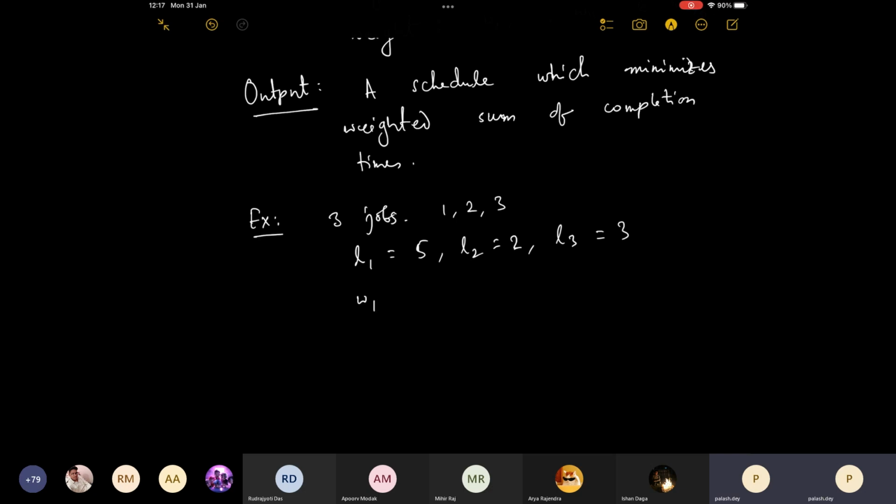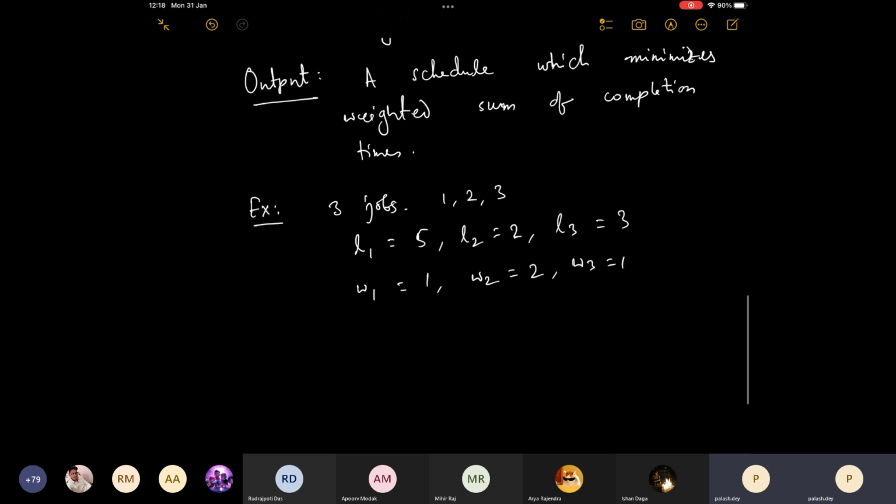Their weights are W1 equal to 1, W2 equal to 2, and W3 equal to 1. What is a schedule? You have to decide in which order you will perform the jobs. A job once started cannot be stopped in the middle. It has to be executed till it finishes.